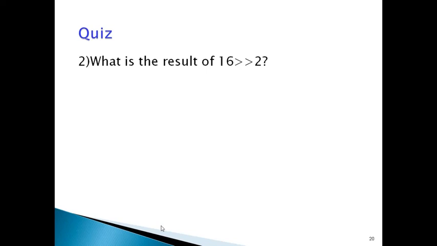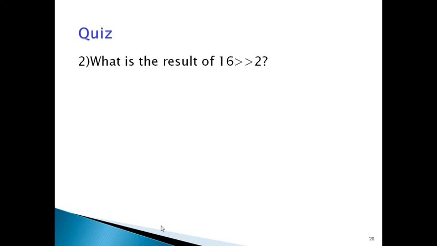Whenever you perform the right shift operation, the value is divided by 2. In the left shift operation, the value is multiplied by 2.